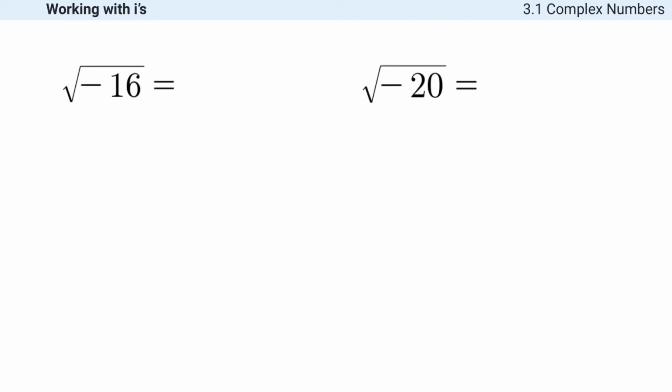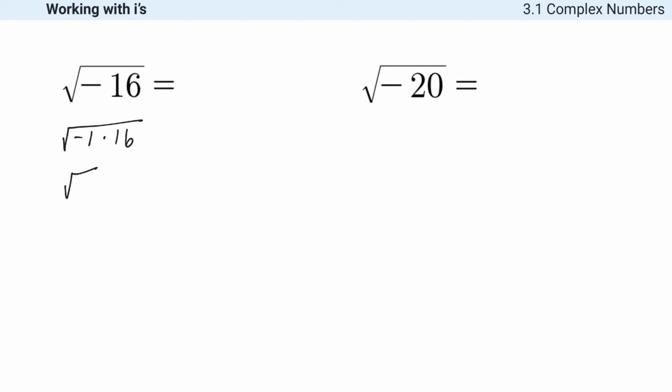Okay, so let's work on a couple of simplifying numbers, like this one here, square root of -16. If I wanted to simplify that, I could rewrite that according to radical rules as -1 times 16, right? I'm just breaking -16 into the product of two numbers.